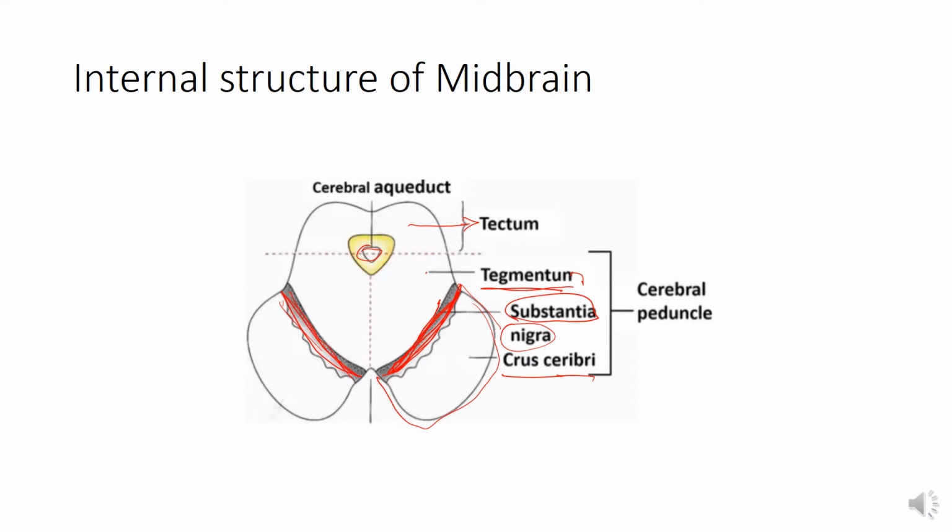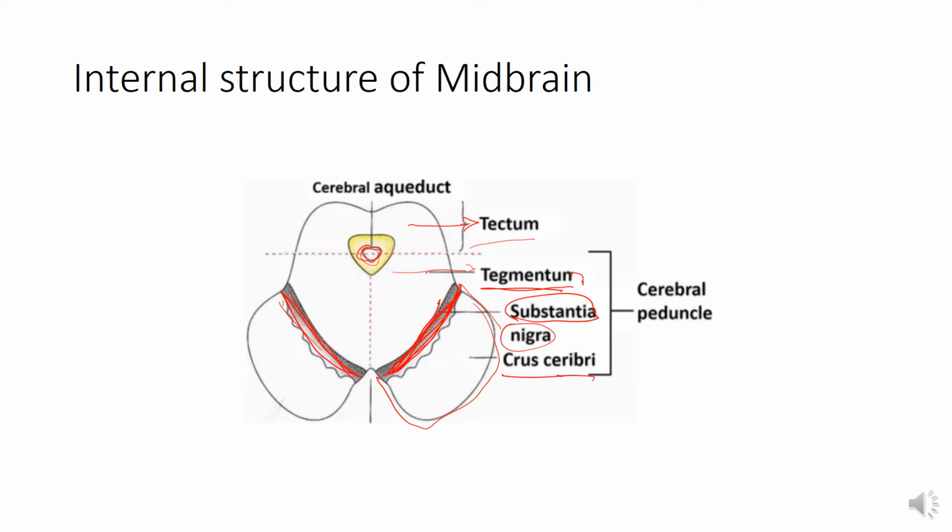The part anterior to the cerebral aqueduct and posterior to the substantia nigra is the tegmentum, while the part posterior to the cerebral aqueduct is the tectum.